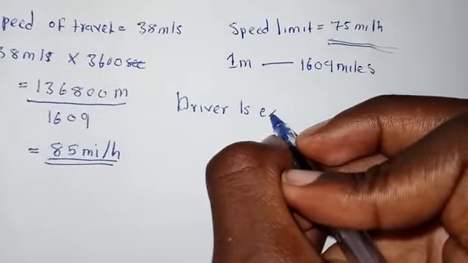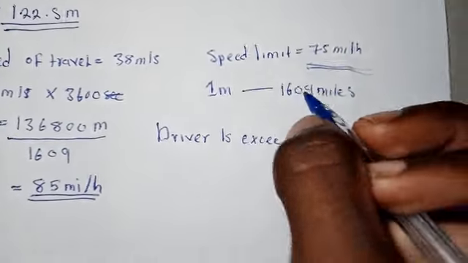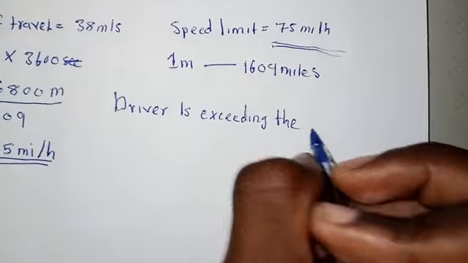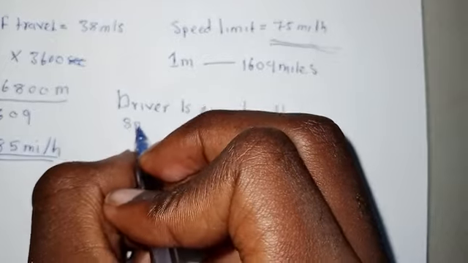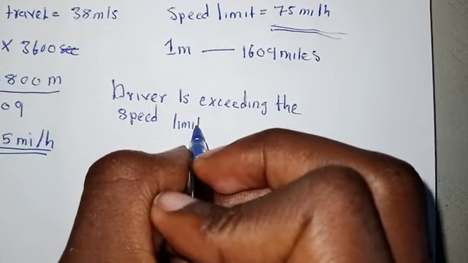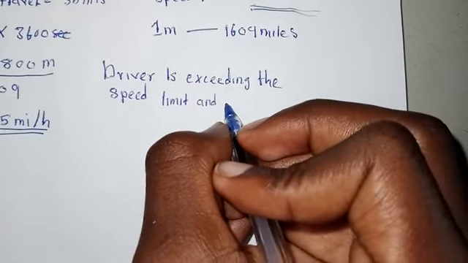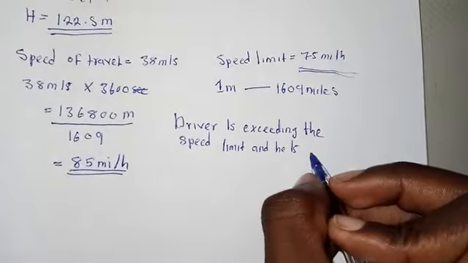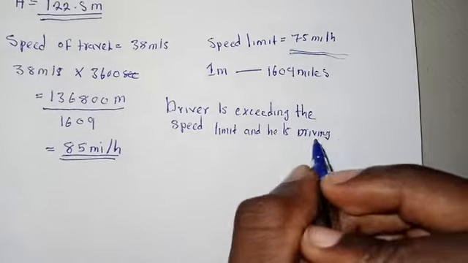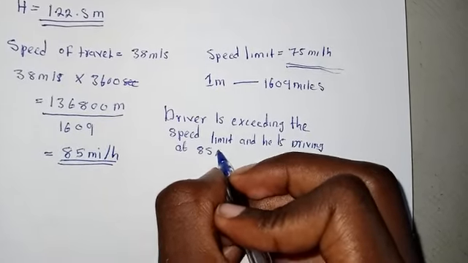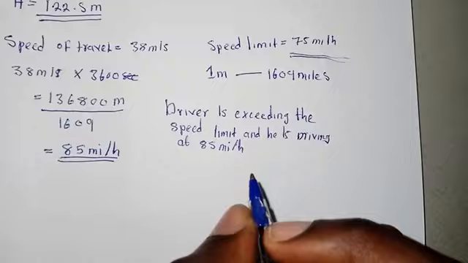Okay, the driver is exceeding the speed limit, and you put this just to show he is driving at 85 miles per hour.